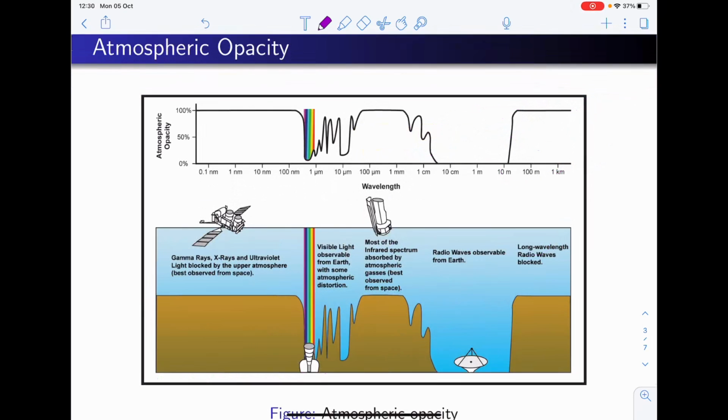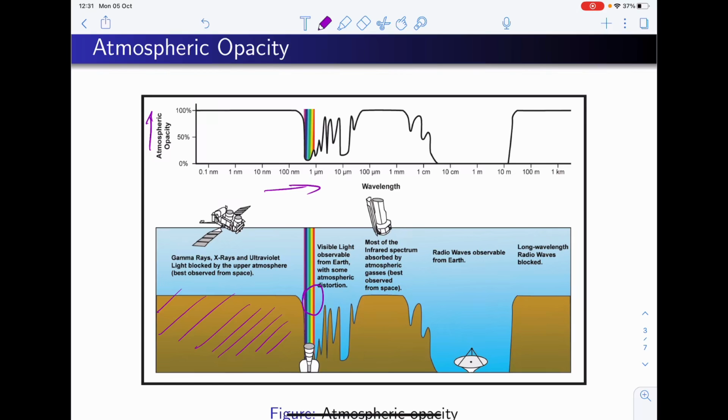A bit more on the atmosphere. This is a plot that shows you the opacity, how opaque the atmosphere is as a function of wavelength. And as you can see, it's almost completely opaque to gamma rays, ultraviolet, and X-rays. There's a small gap of visibility for what we call the optical part of the spectrum, or visible light.